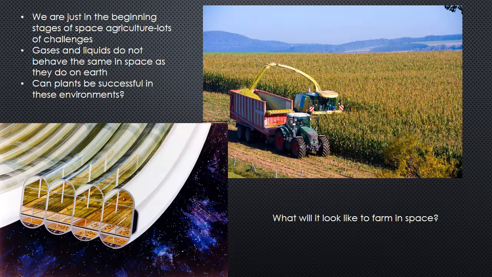Remember, we still were learning things during the Dust Bowl about how to make sure that we were planting correctly. So in space, it has different challenges. Gases and liquids don't act the same in space as they do on Earth. So how can we make plants successful in those environments? So that's why more and more research is needed.